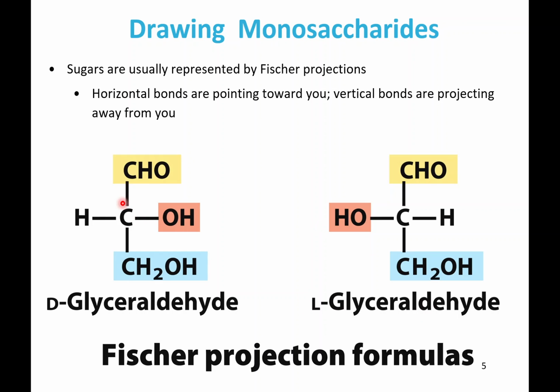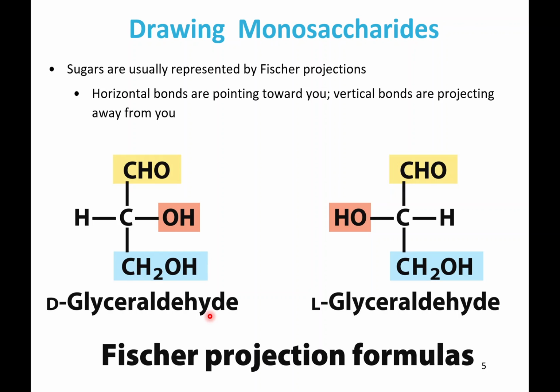And you could go through this, looking at this carbon and using the hand rule to figure out which enantiomer it is in terms of R and S; you could calculate that out. Okay.